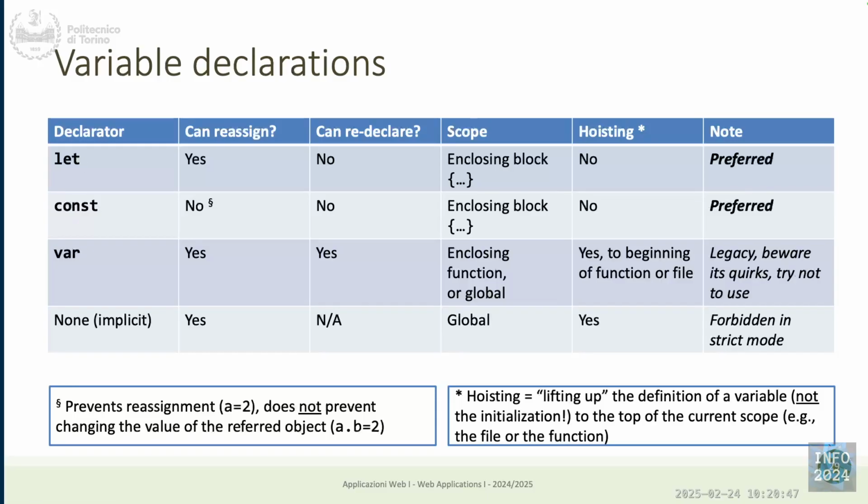A variable declared with var, we declare the var in line 20, but actually the JavaScript interpreter will move this declaration up to line 1. So we declare it as we go, but the declarations are processed before the rest of the code.